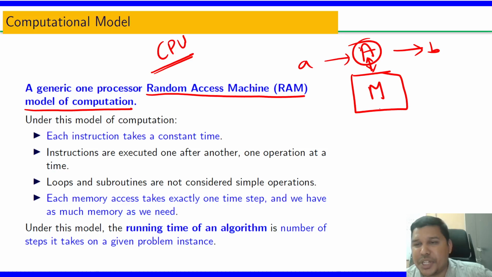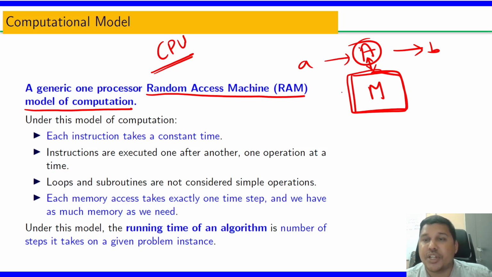There can be multiple machines, and CPU can follow any technology, but I'm talking about the RAM based computation model. Like our normal machines, all of us have RAM in that, right? We talk about 8 GB RAM, 16 GB RAM, right? So all our machines are RAM based computation.